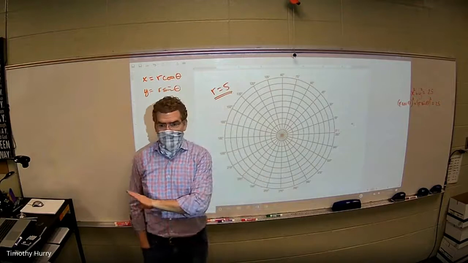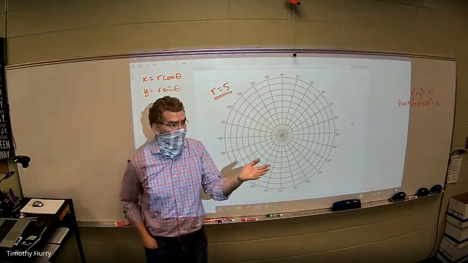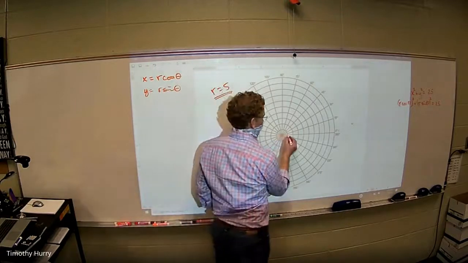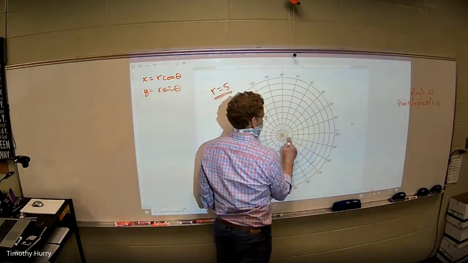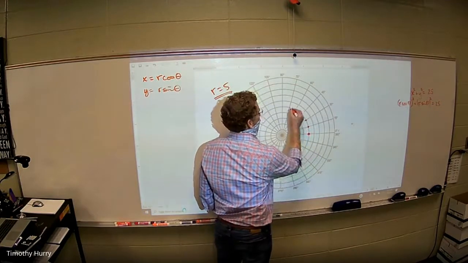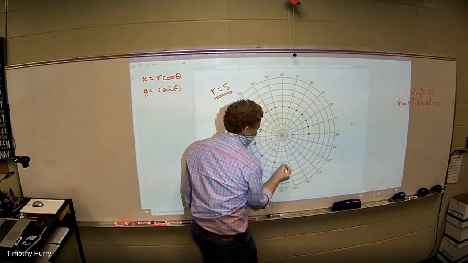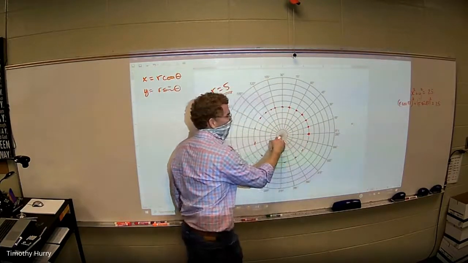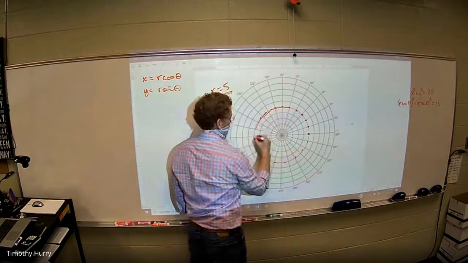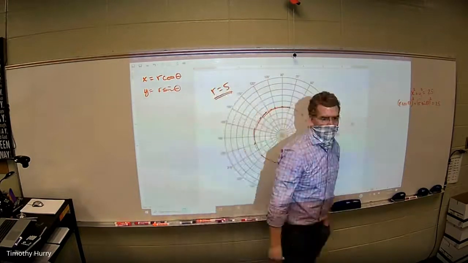So if it doesn't have anything about the angle, it just says, as long as your r is 5, I guess you got to mark it. So from here, you could go 5 that way, 1, 2, 3, 4, 5 that way, that way, that way, that way. You could go 5 in any direction, right? And if you can go 5 in any direction from the pole, that gives you a circle. That's what this is. It's just not cleaned up yet.